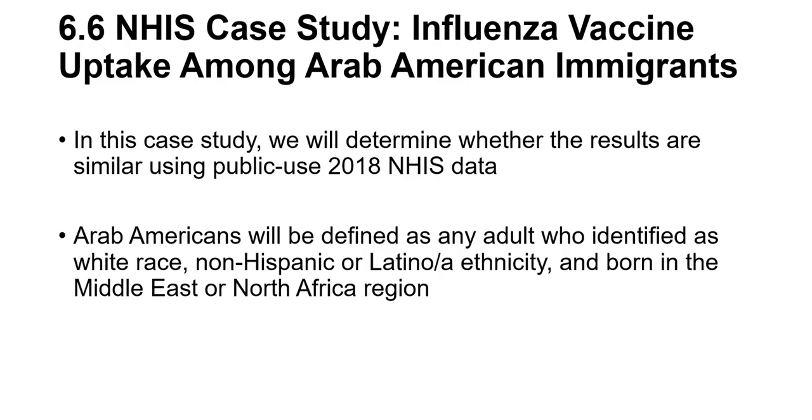Instead of creating the Arab American ethnicity by each individual country of birth, we are going to use a proxy of those who state that they were of white race, non-Hispanic or Latino ethnicity, and were born in the Middle East or North Africa region. There are several efforts to create a MENA, or Middle East or North African region category, to include as a racial and ethnic group within the next census.